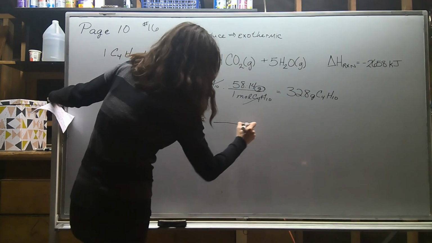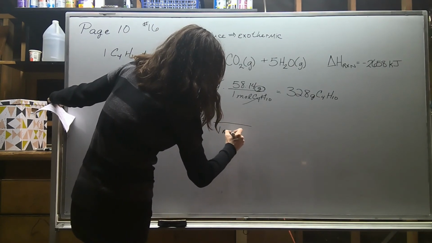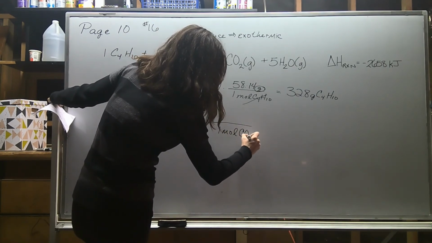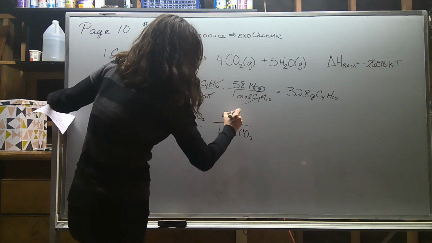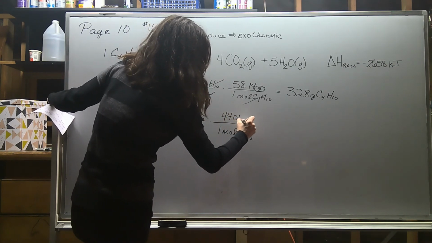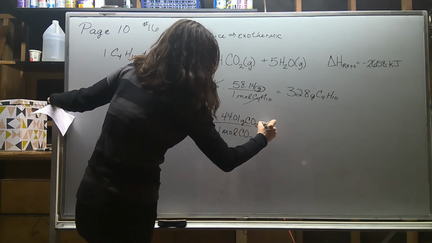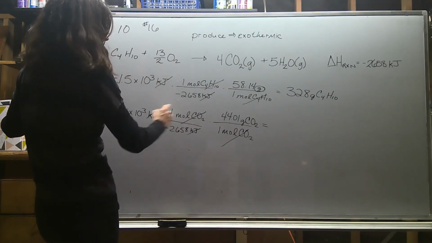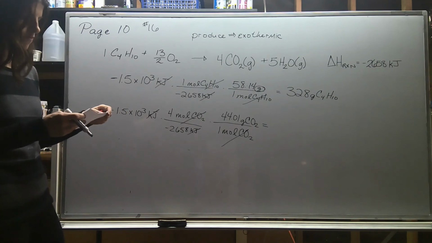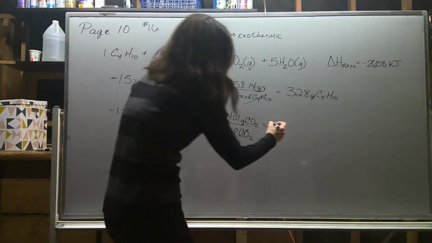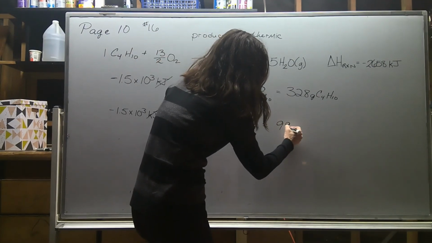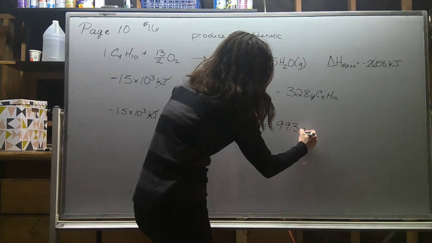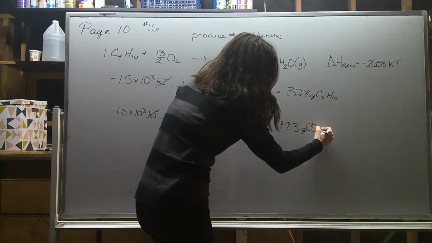I want to get rid of the moles of carbon dioxide. Put my molar mass of carbon dioxide. Just check how everything cancels. Moles cancel moles and kilojoules are kilojoules. And so I'm just left with grams of carbon dioxide. So when I solve this way, I got 99.3 grams of carbon dioxide.